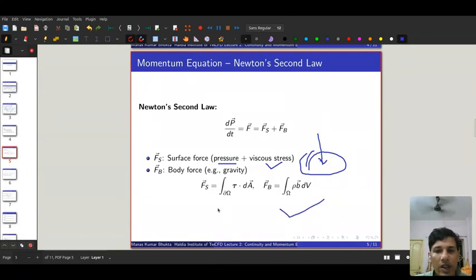The expression of surface force is the integral form of the shear stress over the entire area, and the body force is nothing but rho into B into dV, where B is the body force per unit mass, over the integral of the whole volume.